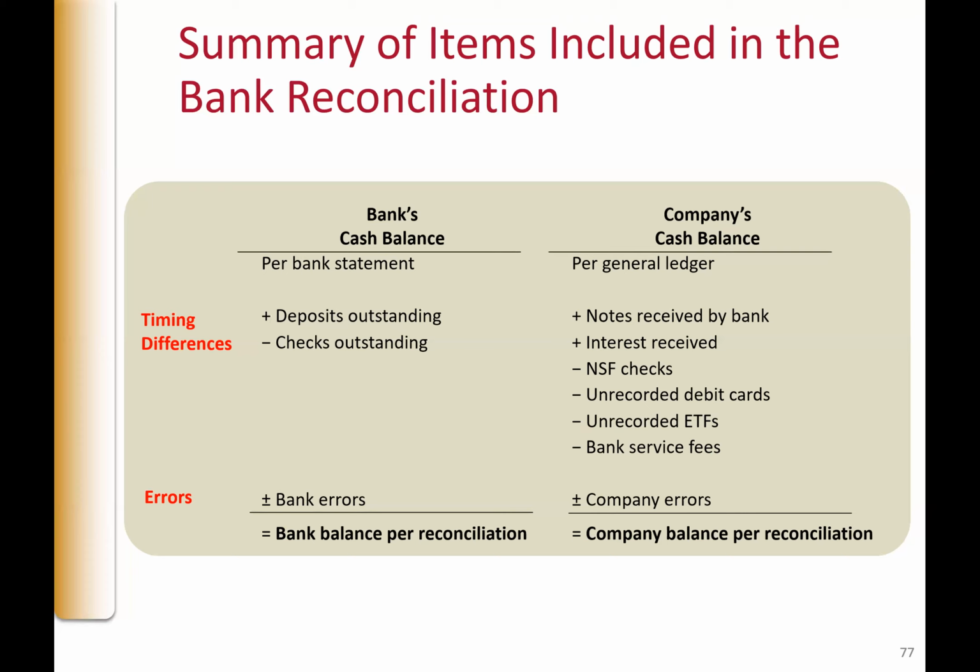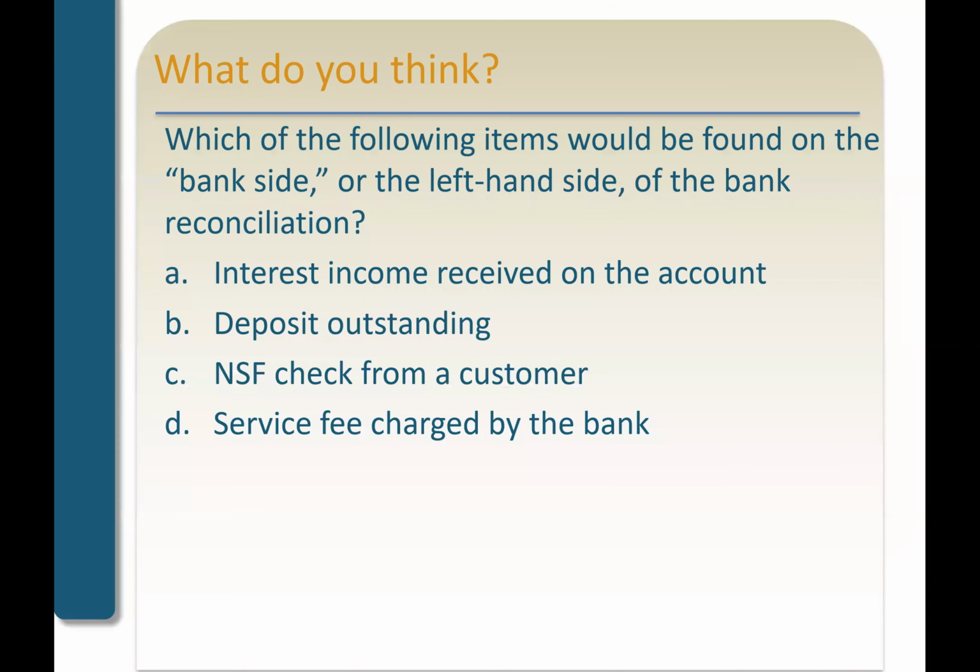On the company's cash balance, we're going to start with the ending balance on the company's books. We'll add notes or interest received by the bank. And then we'll subtract any NSFs, unrecorded debits, unrecorded EFTs, and any bank service charges, plus or minus any company errors. Ultimately, we should balance when this has occurred.